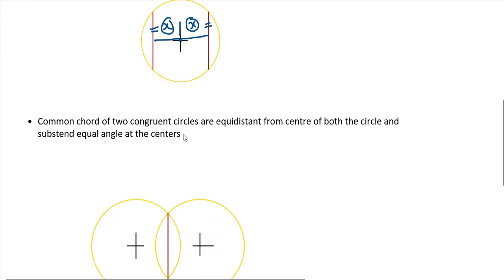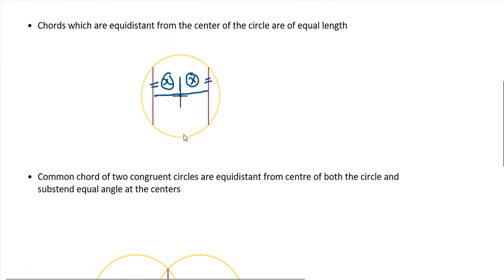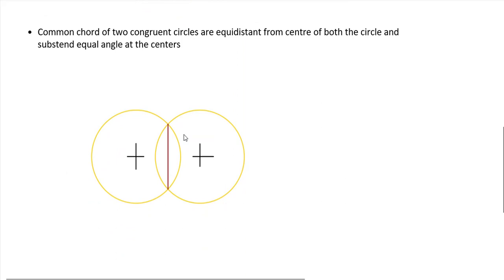Let us now consider the second property of chords: the common chord of congruent circles is equidistant from the centers of the circles and subtends equal angles at the centers. So these two circles are congruent. What do we mean by congruent circles? Their radii will be equal. So if this radius is r, the radius of this circle will also be r. And this chord which is drawn in the overlapping portion is called the common chord.